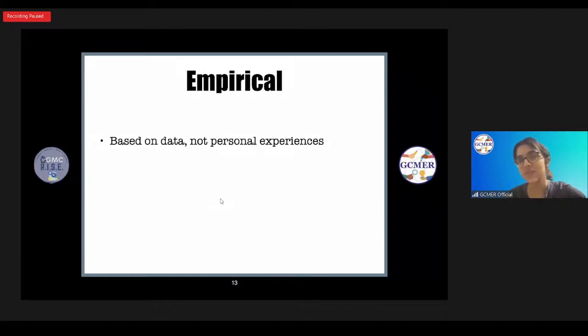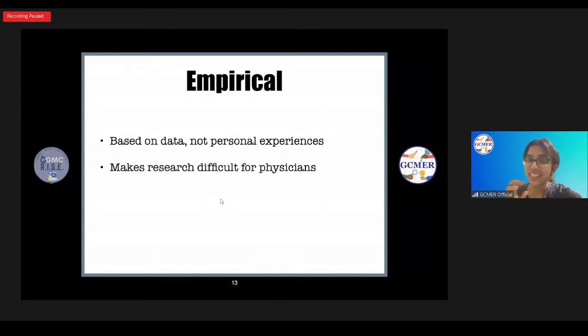If you ask that as a philosophical question, you can always say it's bad for students, because it's intervening with their studies. But research doesn't do that. Research is very unbiased. And that's something we need to remember as clinicians. This empiricalness of research actually makes it very difficult for physicians to do research.